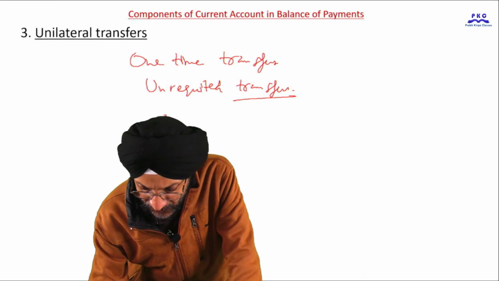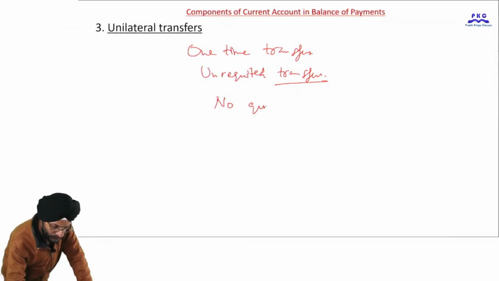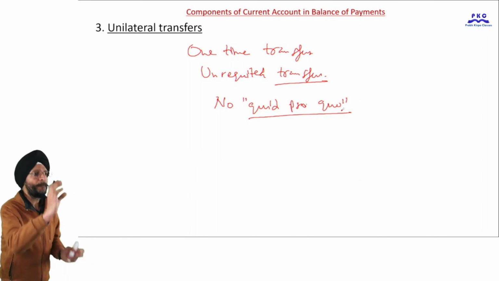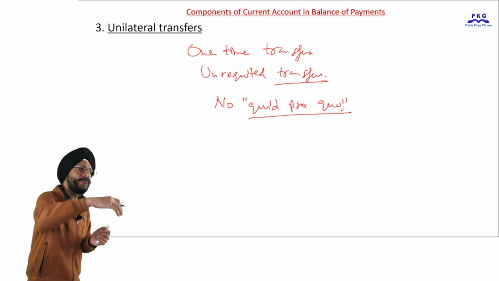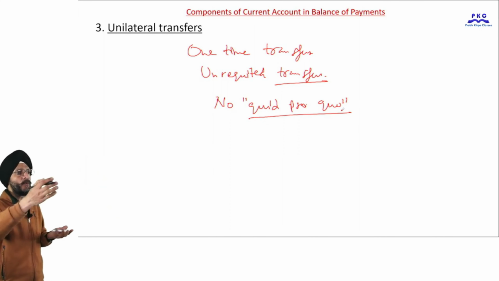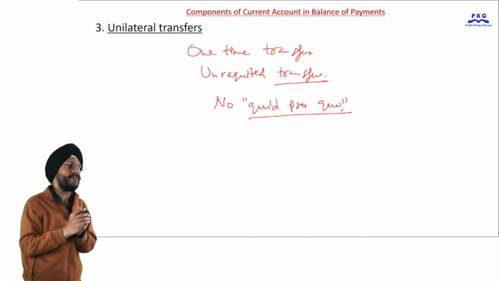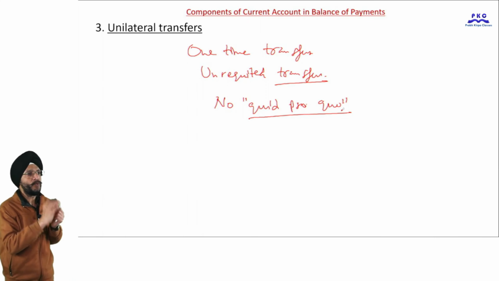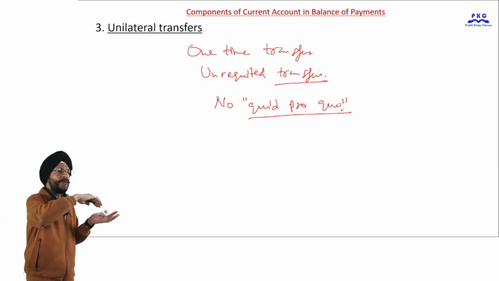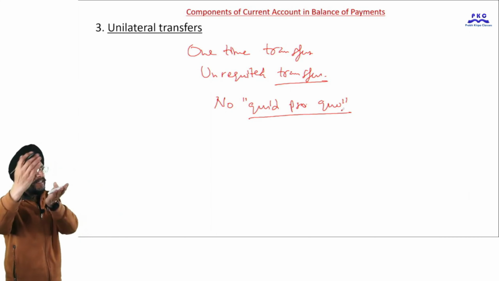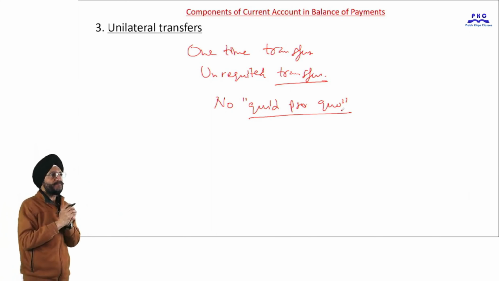These transfers are no quid pro quo. Quid pro quo means something for something. That is, if we give something to anyone, we get something in return. But these unilateral transfers are no quid pro quo. That is, we do not get anything in return.